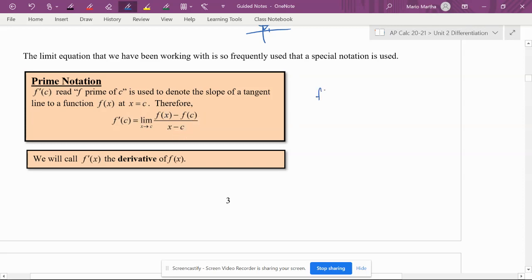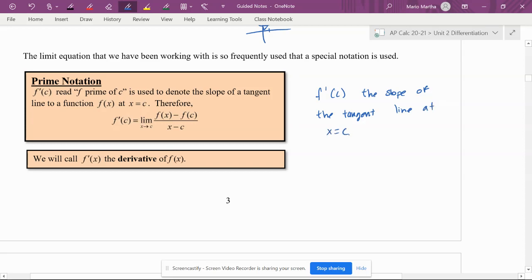So again, f prime of c is the slope of the tangent line at x equals c.